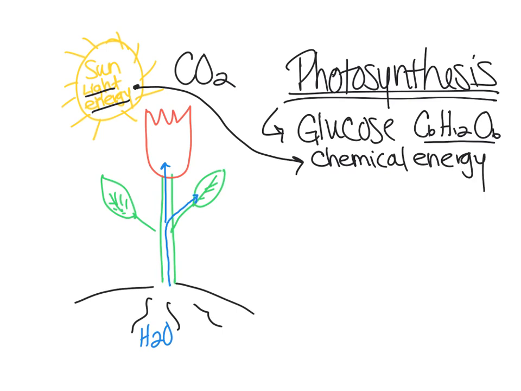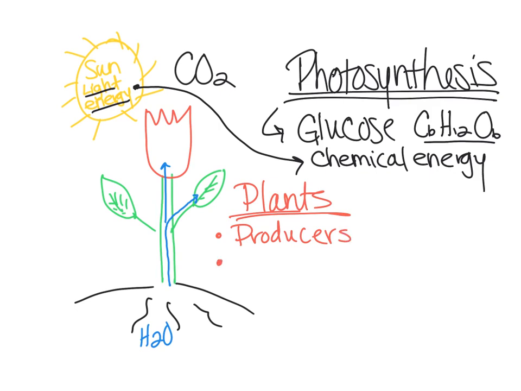Now, plants are sitting out there and they're soaking in this sunlight and this CO2, and they're sucking up water from the ground. So plants, because they go through photosynthesis, are what we call producers. They can produce their own energy in the form of that glucose.